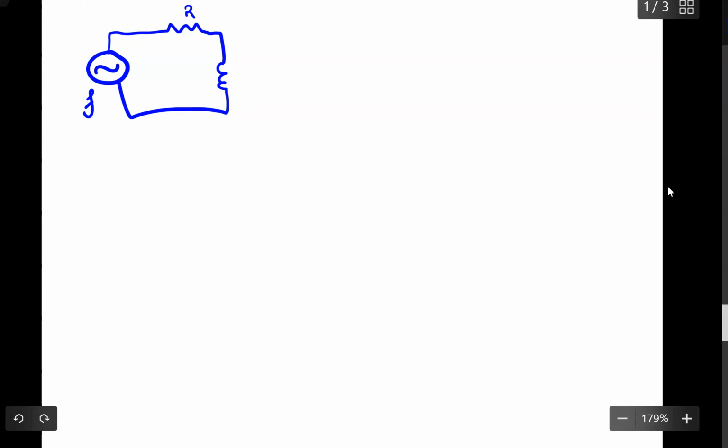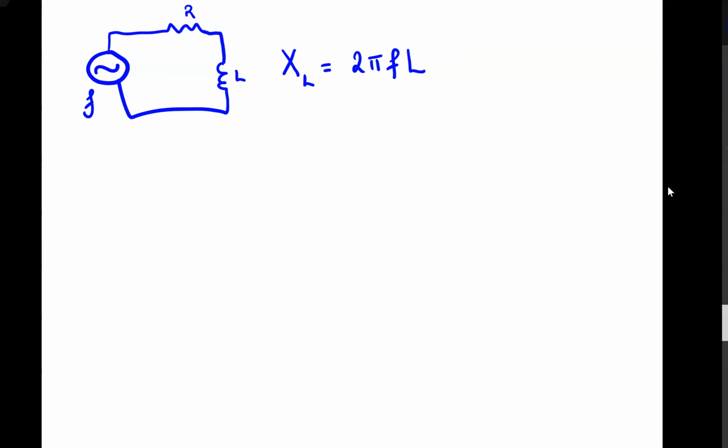So here's my R, here's my L. The inductive reactance XL is measured as 2 times pi times F times the value of your inductor, or they call it the inductance, measured in Henry. Okay, XL, after you calculate that, will be measured in ohms.